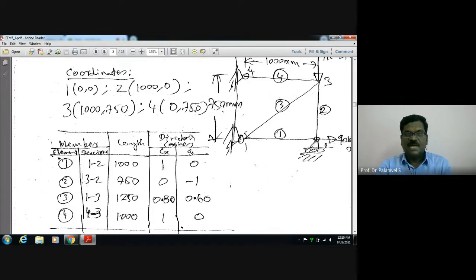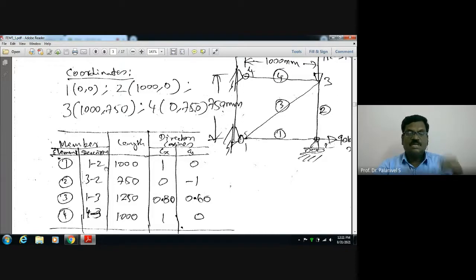Now I am coming to direction cosines. How do you obtain direction cosines? For element 1, go to the description. How is it written? 1, 2. Go to the coordinates of 1 and 2. You have to write 1 minus 2. No, actually it is written 1, 2, so you have to write 2 minus 1.